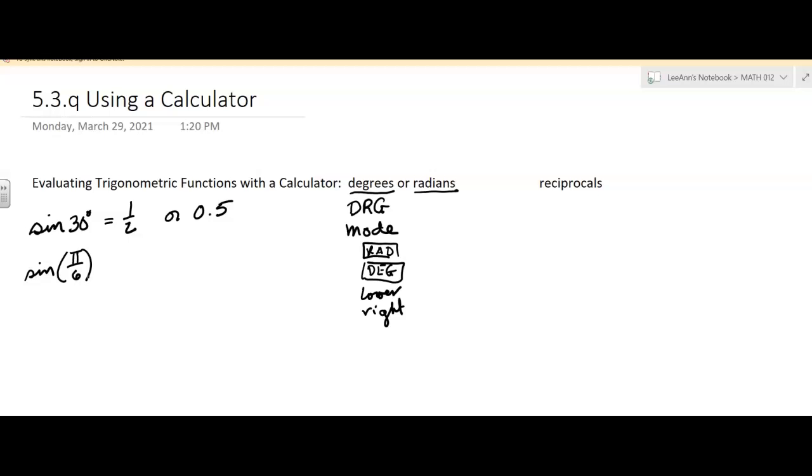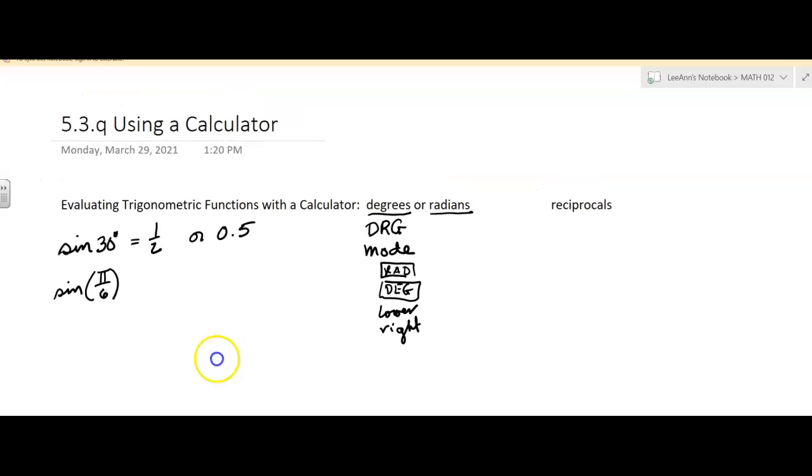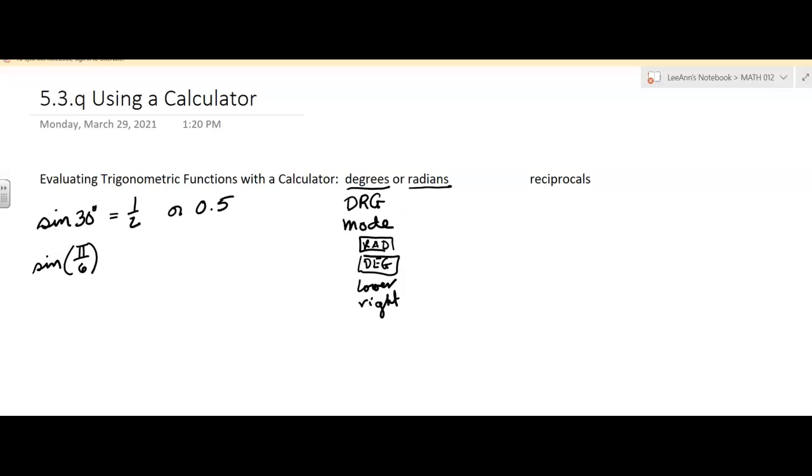I'll try to redo that video, but I don't know when that would happen. So now we're going to switch to radians, so I can clear it out, go back to my degree button, and go under radians, or your mode button. I think the ones that we use at school have a mode button. Mine just has DRG, but yours might be under mode.